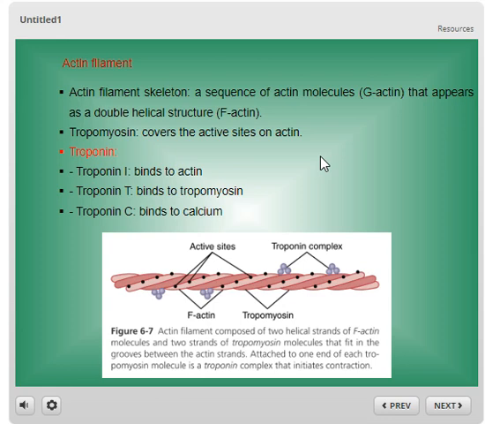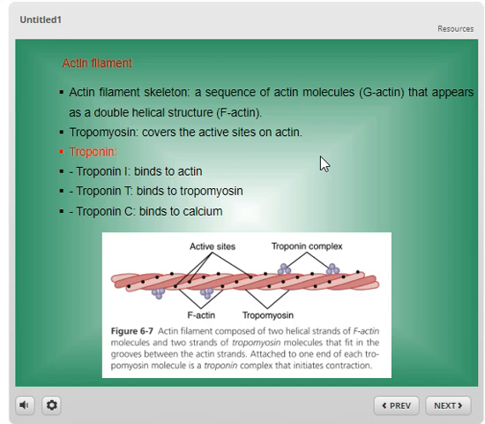And the troponin C binds to calcium ions. When calcium binds to troponin C, it causes a conformational change that moves tropomyosin away from the active sites on actin, allowing muscle contraction to occur.